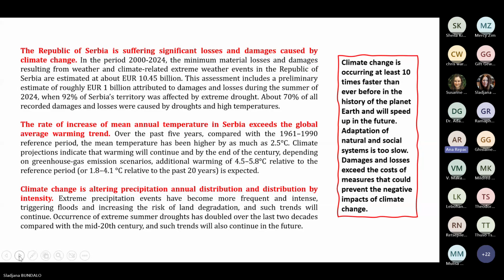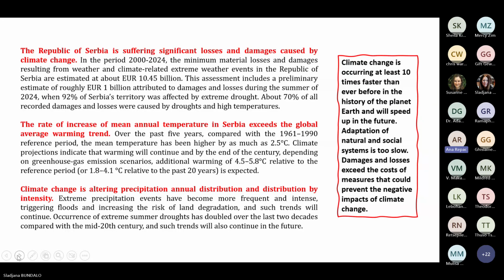Also, the rate of increase of mean annual temperature in our country exceeds the global average warming trend. Over the last 5 years, compared to the reference period 1961-1990, the mean temperature was higher by as much as 2.5 degrees Celsius. Climate change projections indicate that warming will continue until the end of the century, depending of course on greenhouse gas emission scenarios and Paris Agreement goals, but additional warming of about 5.8 degrees Celsius relative to the reference period is expected.